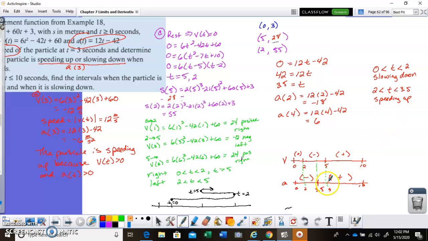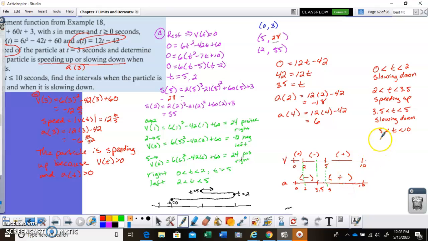Okay, and then my next interval is 3.5 to 5. So 3.5 to 5, we have a positive acceleration and a negative velocity, and they don't match, so that means it's slowing down. And my last interval is from 5 to 10, and we have a positive velocity and a positive acceleration.